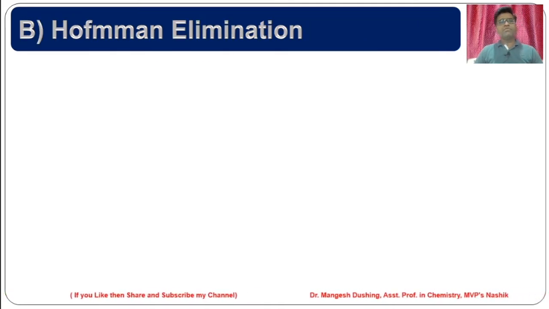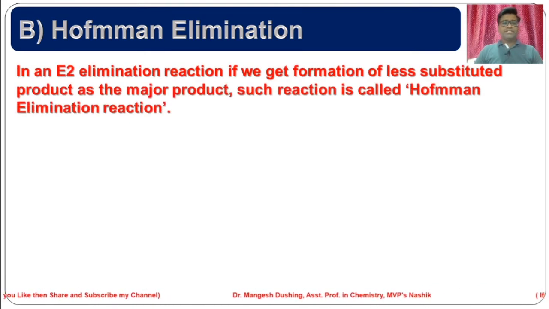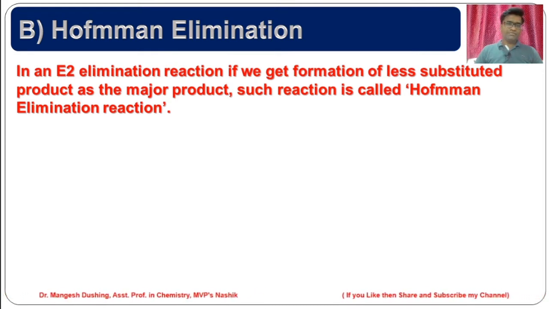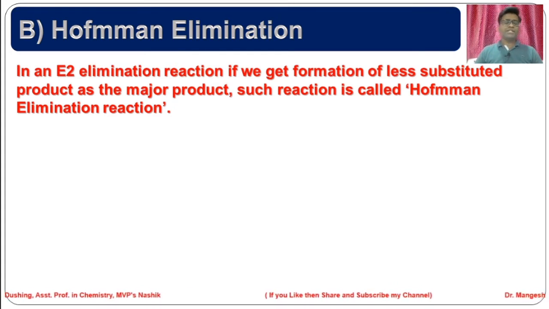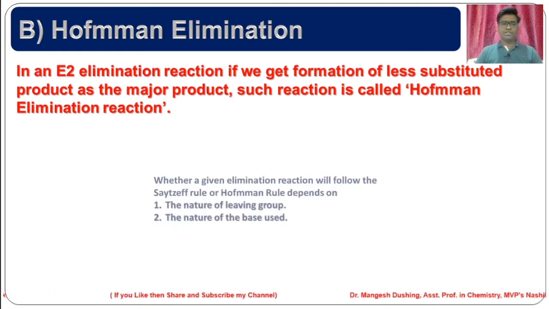The second one is Hofmann elimination. In an E2 elimination reaction, if we get formation of the less substituted alkene as the major product, then such a reaction is called a Hofmann elimination reaction, and that product is called the Hofmann elimination product.